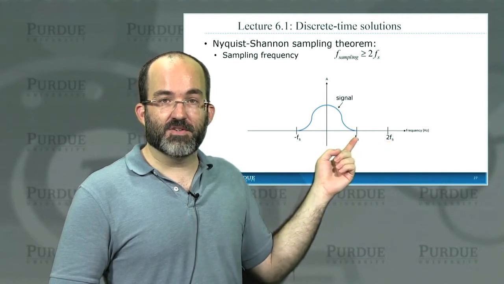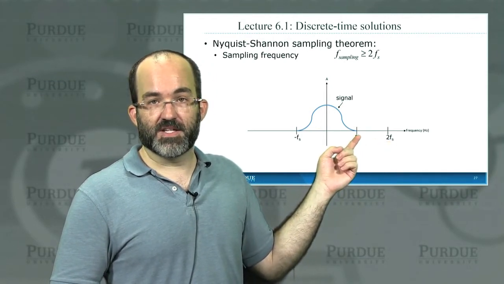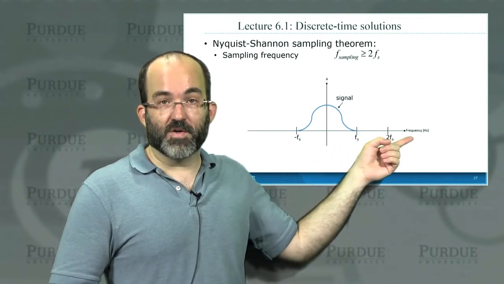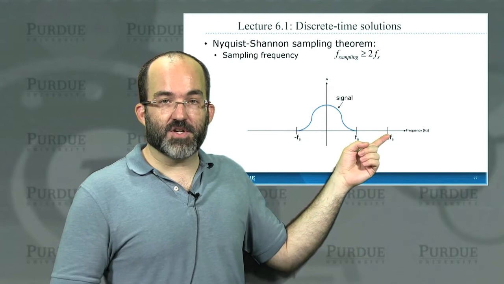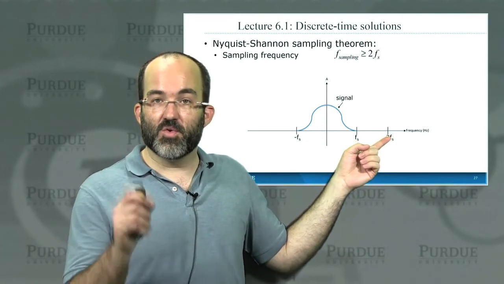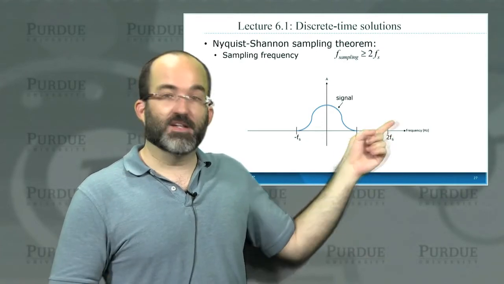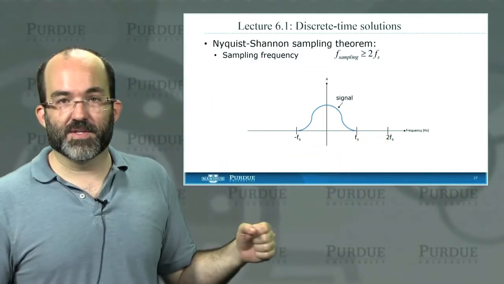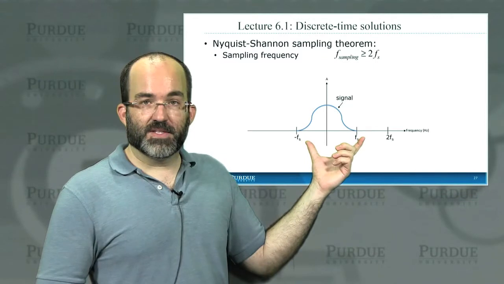So if the highest frequency in your signal is Fs, the signal frequency, you want your sampling frequency to be 2Fs or greater. In terms of signal reconstruction, there is absolutely no reason theoretically to make it greater than 2Fs, but we'll actually find that there are some reasons practically for doing so. So that's what the Nyquist theorem says.